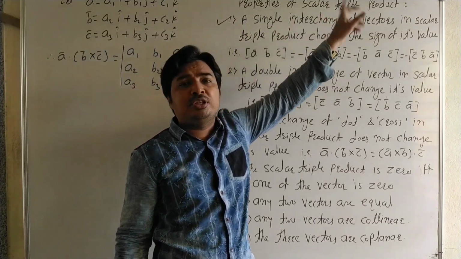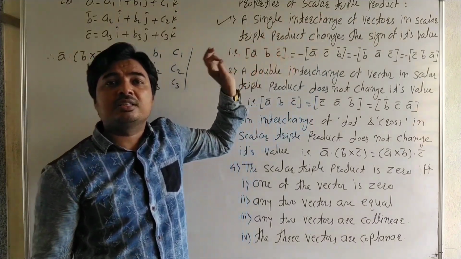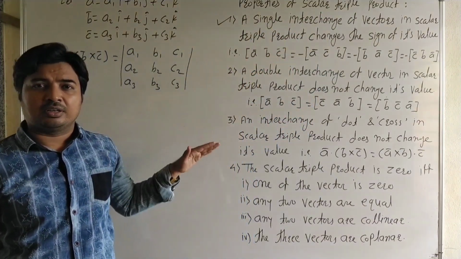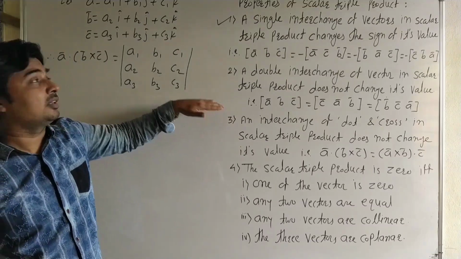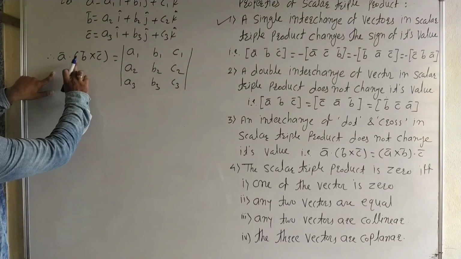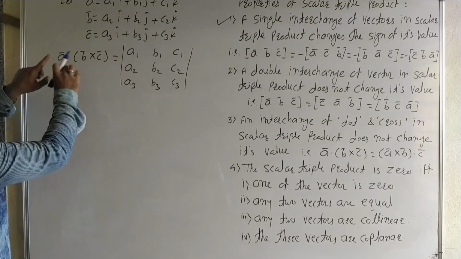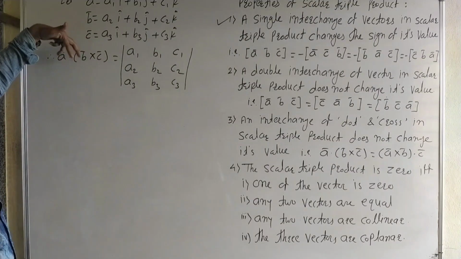Now the first property: a single interchange of vectors in a scalar triple product changes the sign of its value. A single interchange of vectors means, in A bar dot B bar cross C bar, we interchange any two vectors.